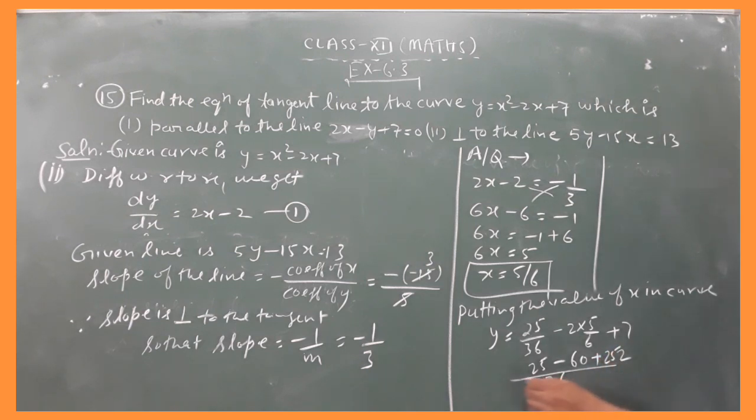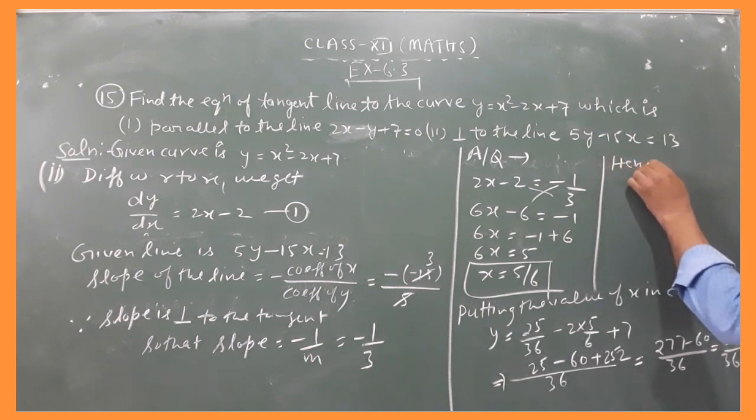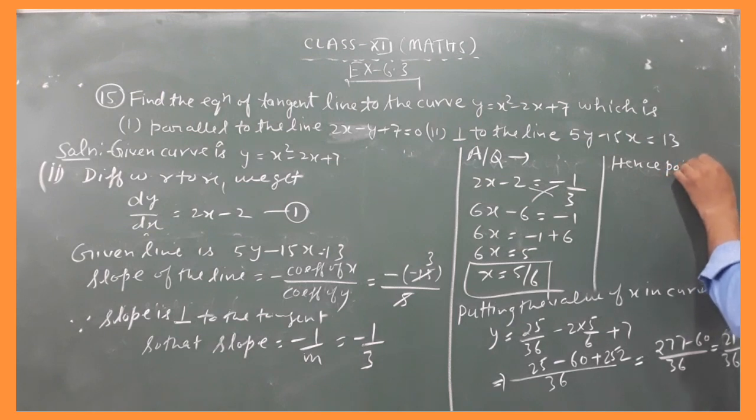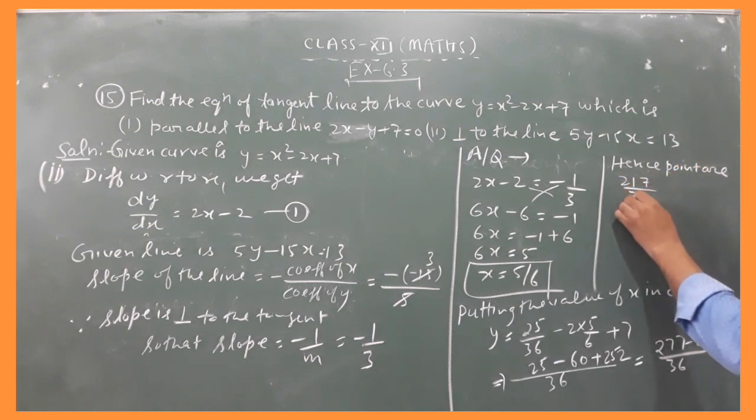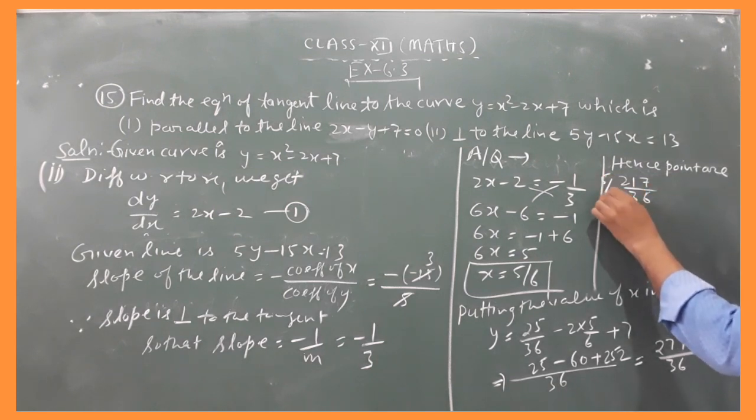And the 277 minus 60 by 36 is equal to 217 by 36. Hence the point is 217 by 36 and 5 by 6.